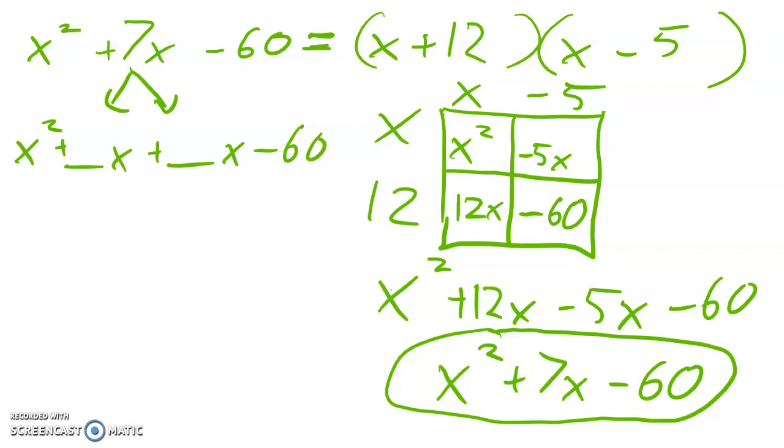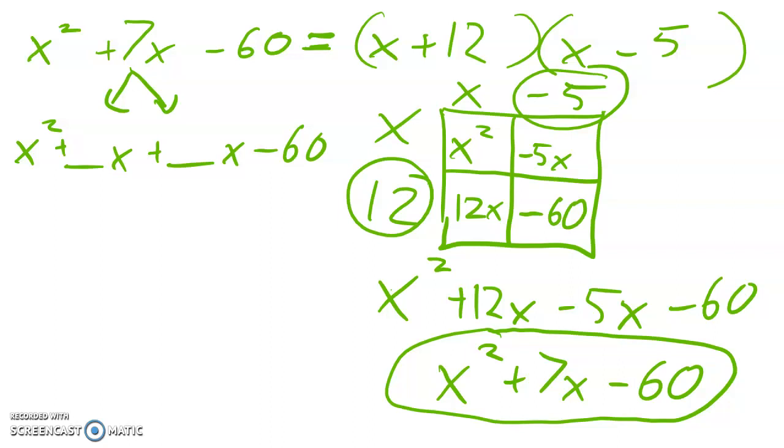I need to figure out what these 2 numbers are that ultimately combine to make this 7x. And that's the mystery. And this is where it becomes like a bit of a puzzle. How do I figure out what 2 numbers added to 7x? Well, going over here, it turns out for this case, the two numbers are 12 and -5.